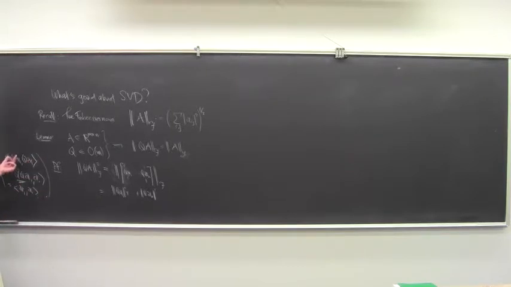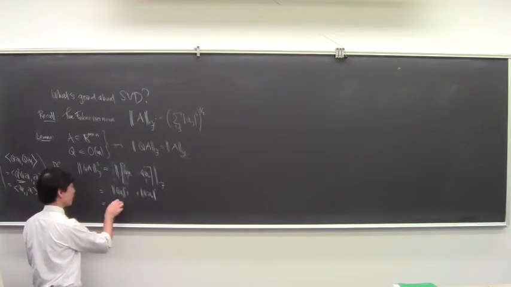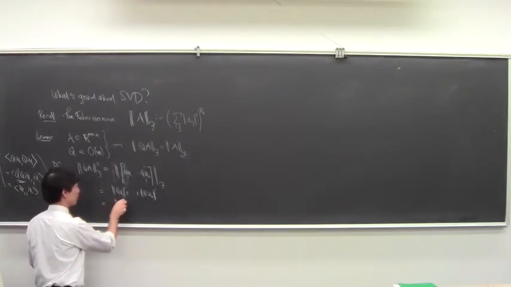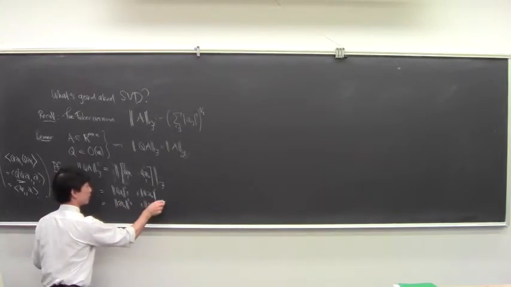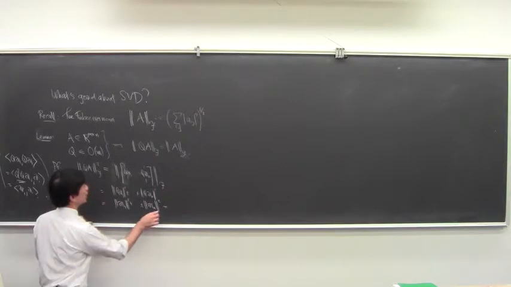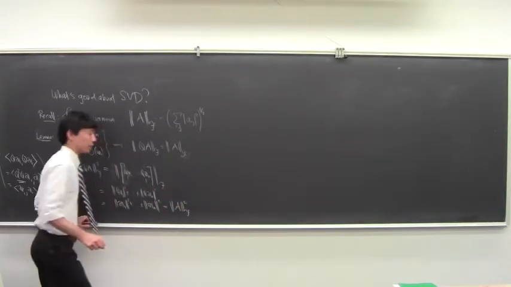So orthogonal matrices preserve the norm of vectors, and so we end up with A1 squared and so on. But that is the Frobenius norm of A squared.